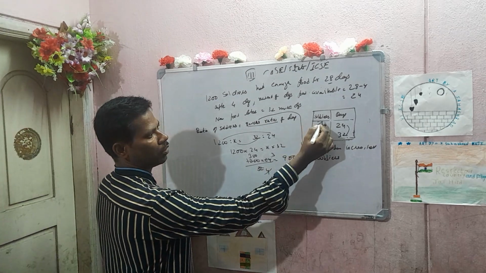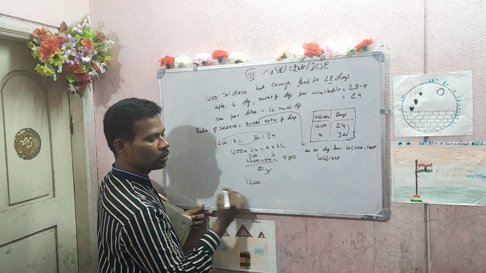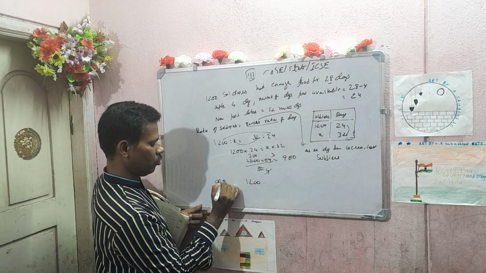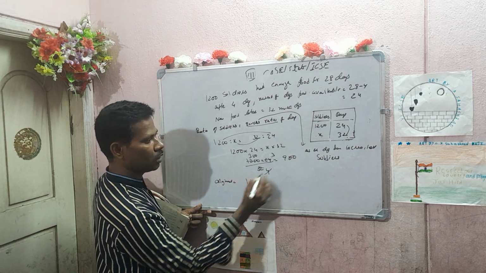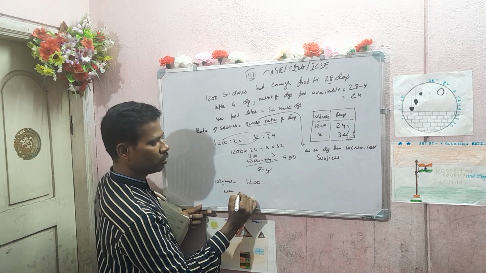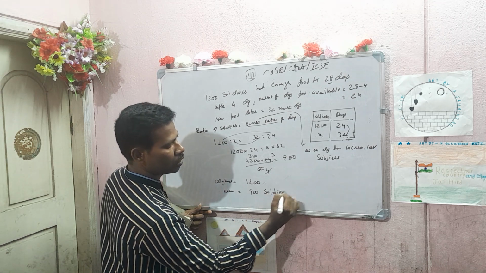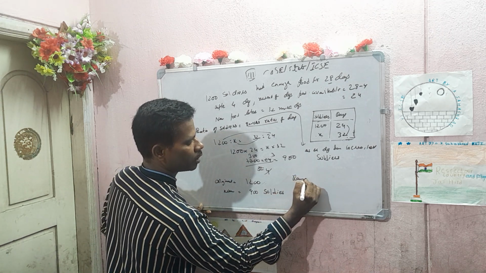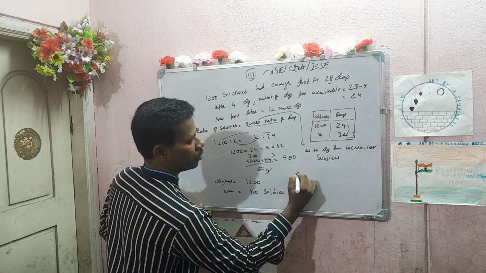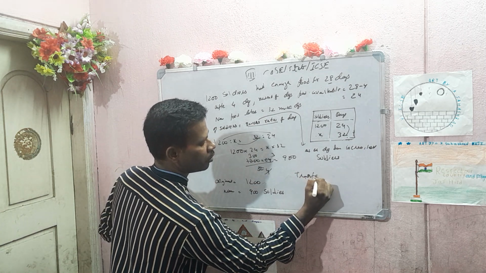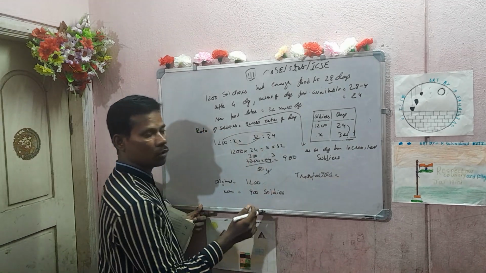So earlier they were 1200 soldiers. Now there are 900 soldiers. So how many were transferred?